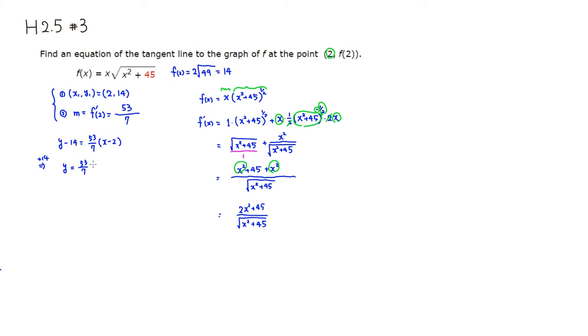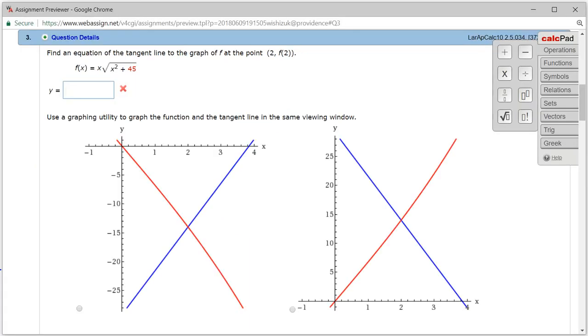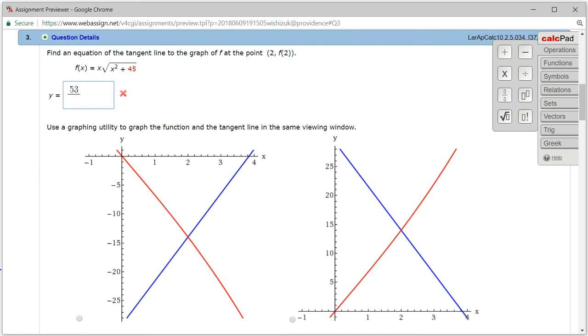I'm going to actually keep it as it is. So how about this? x minus 2 and plus 14. Let's see if the system takes this answer. So we have 53 over 7 and x minus 2 and plus 14.